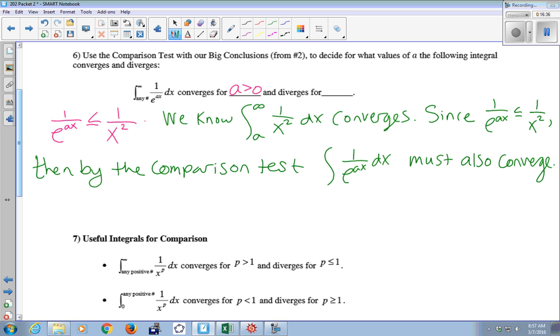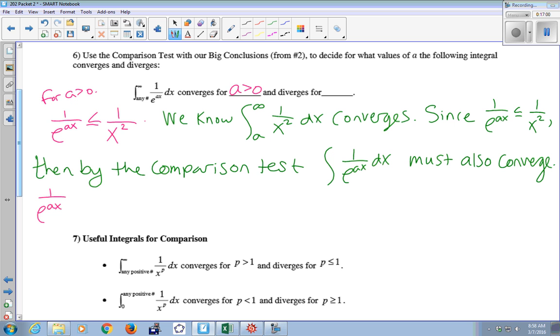It's going to diverge, and we can actually do a really easy comparison. If I have 1 over e to the ax, this one was only for A positive. Think of A as like a -2.